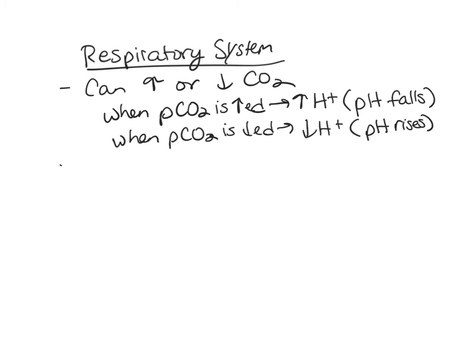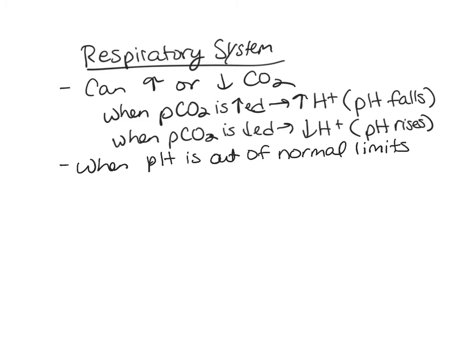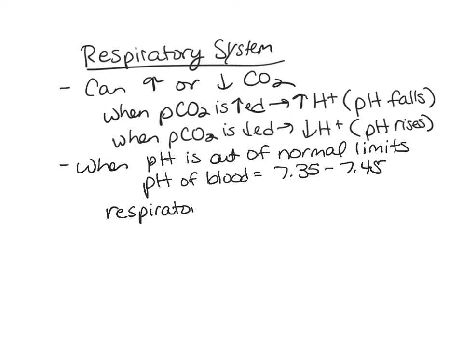When the pH becomes out of normal limits, and you remember what the normal limits are, right? The pH of blood is what? 7.35 to 7.45. So when the pH is out of normal limits, then respiratory compensation has to occur.